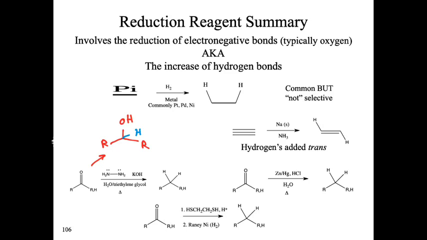NaBH4, sodium borohydride, or H2 with a metal? That's the top one, and that would potentially work. That's not where I was going. Lithium aluminum hydride would also do that. In this case, it completely ejects the oxygen, no longer attached to the structure.